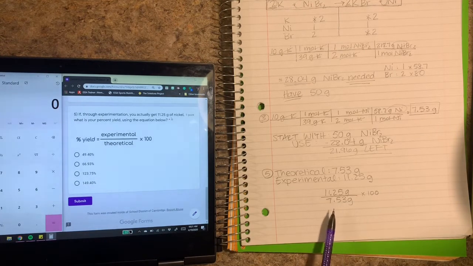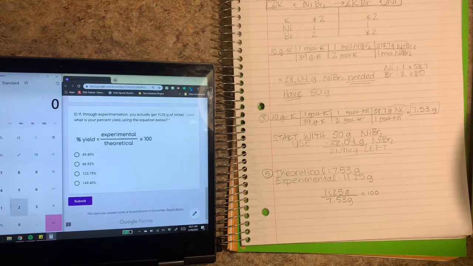Okay, if these were flipped, if the top number is smaller than the bottom, then it will be less than 100%. Okay, and the closer these two values are to each other, the closer to 100% you are going to get. Okay, 100% is perfect.